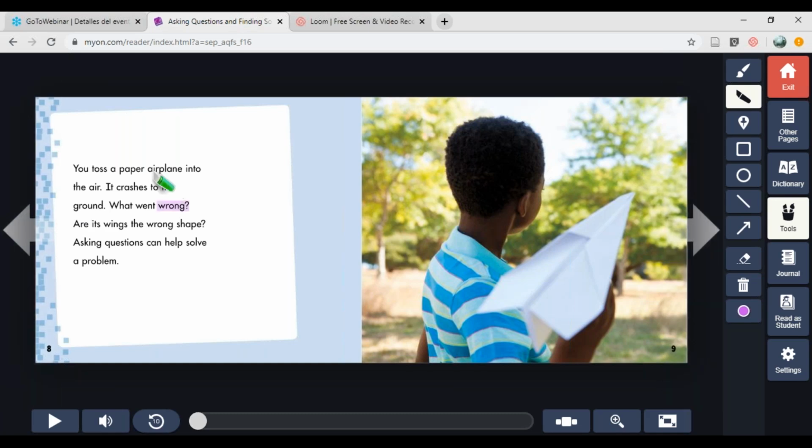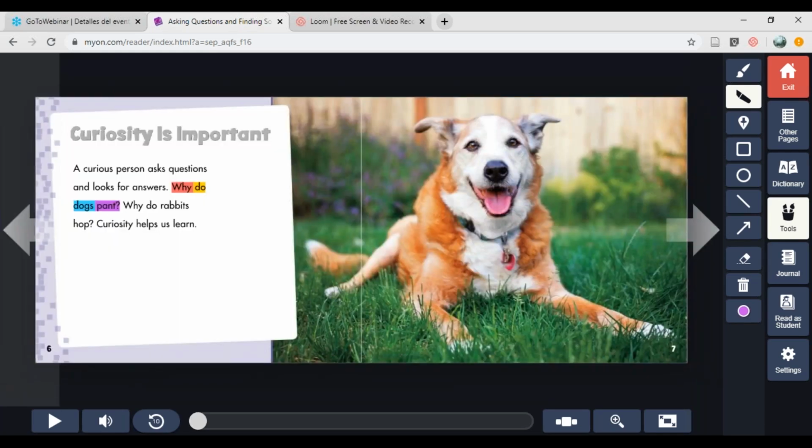For example, I think that my second graders will have problems with pant. Okay, maybe that's a word that they don't know. So I have to pre-teach that. With the projects, I can do so.